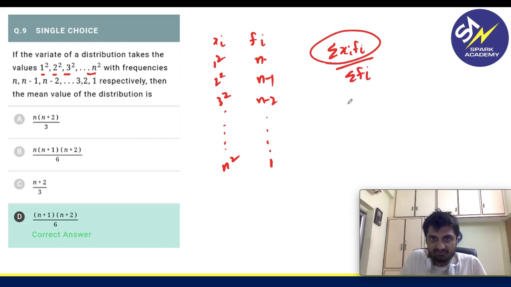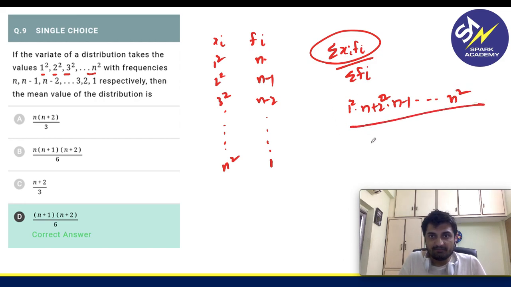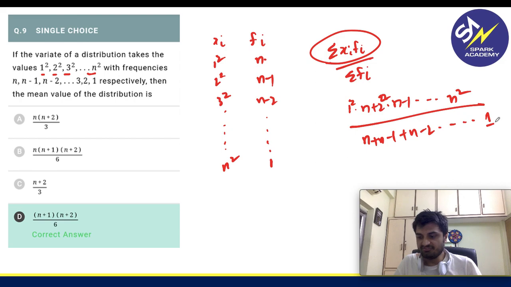Summation xi fi means 1 square into n plus 2 square into n minus 1 plus, and so on, up to n square into 1. Whole divided by summation fi, which is n plus n minus 1 plus n minus 2 up to 1.